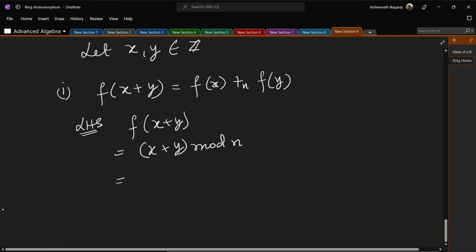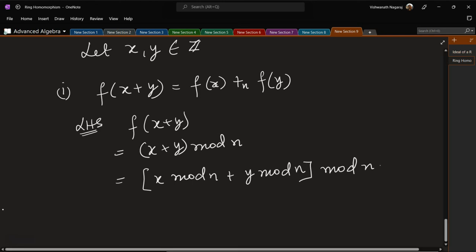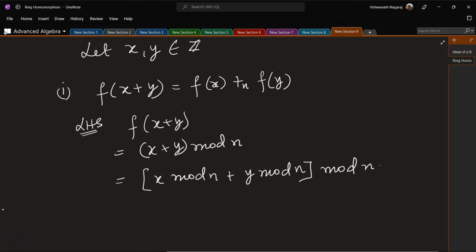Now using modular arithmetic, we know this can be written as x mod n plus y mod n, and again we have to do mod n. Why? Because each will give you a particular element of Zn. Both of them will be less than n, but if you add them, they may be more than n. So again, to bring it back within Zn, we do a mod n.